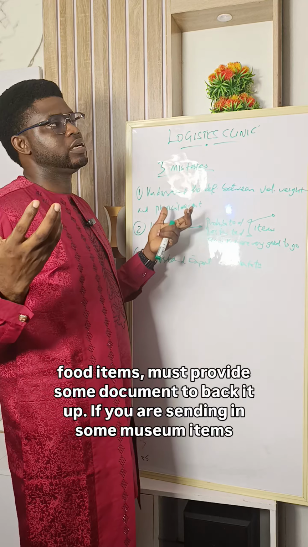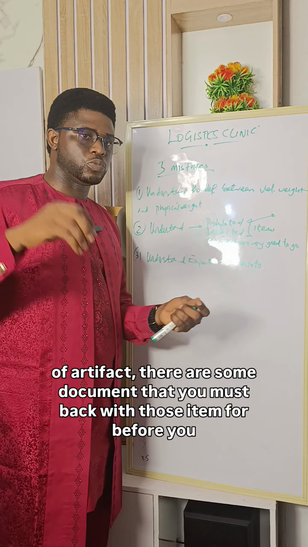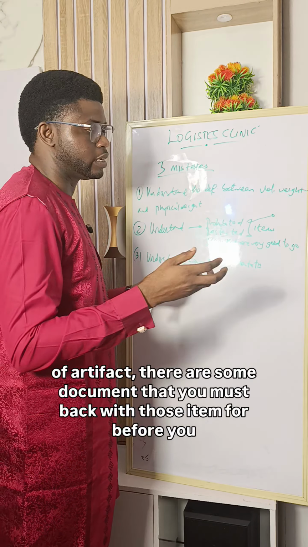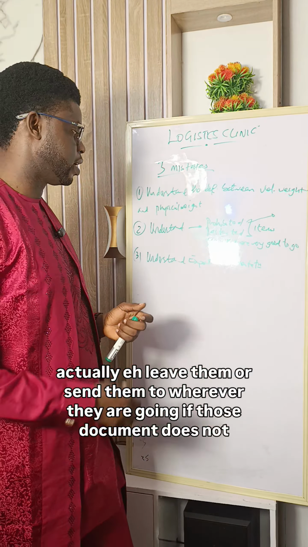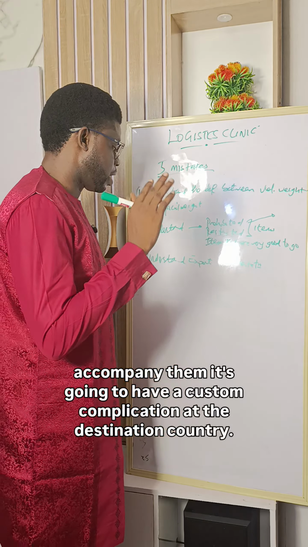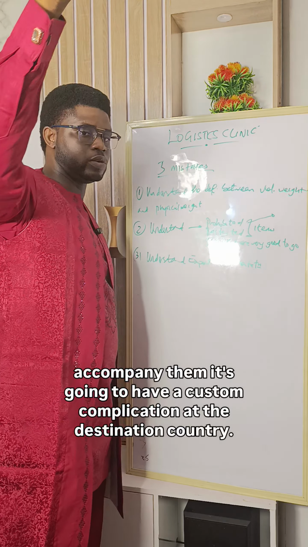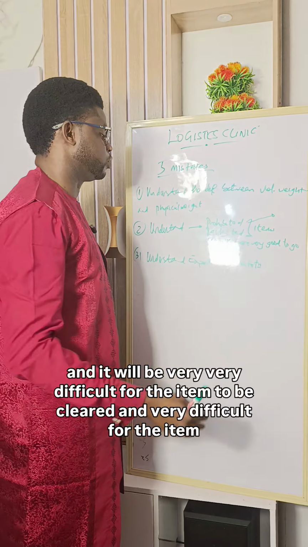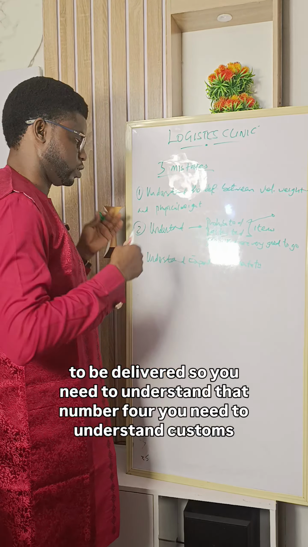If you are sending some museum items, some artifacts, there are some documents that you must back with those items before you actually send them to wherever they are going. If those documents do not accompany them, it's going to cause a customs complication at the destination country, and it will be very difficult for the item to be cleared and very difficult for the item to be delivered. So you need to understand that.